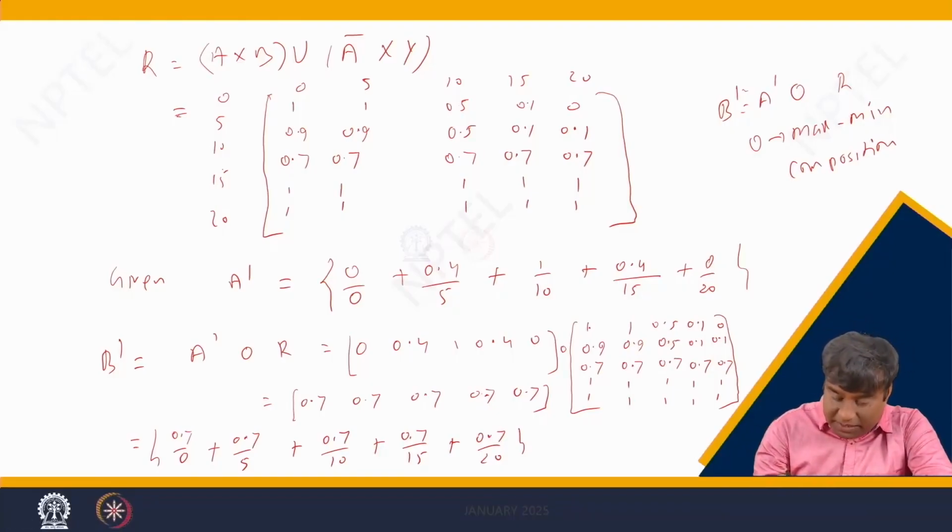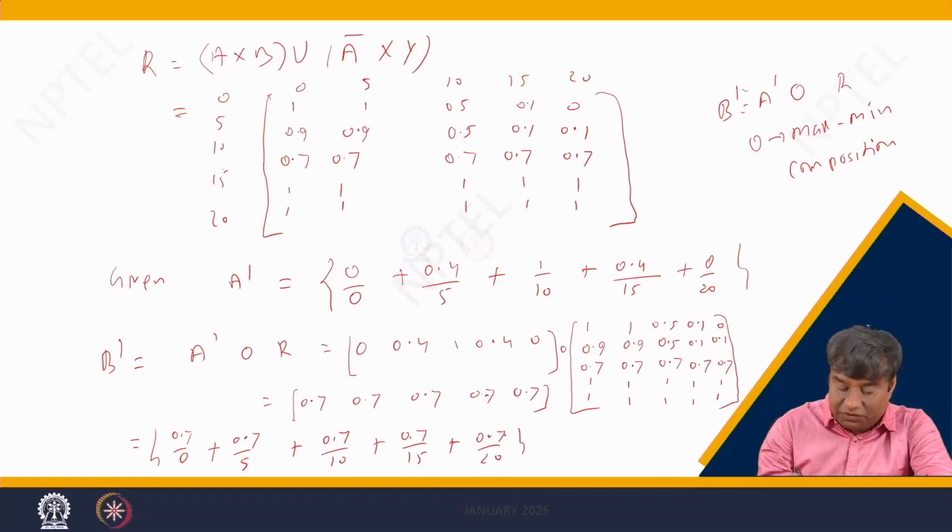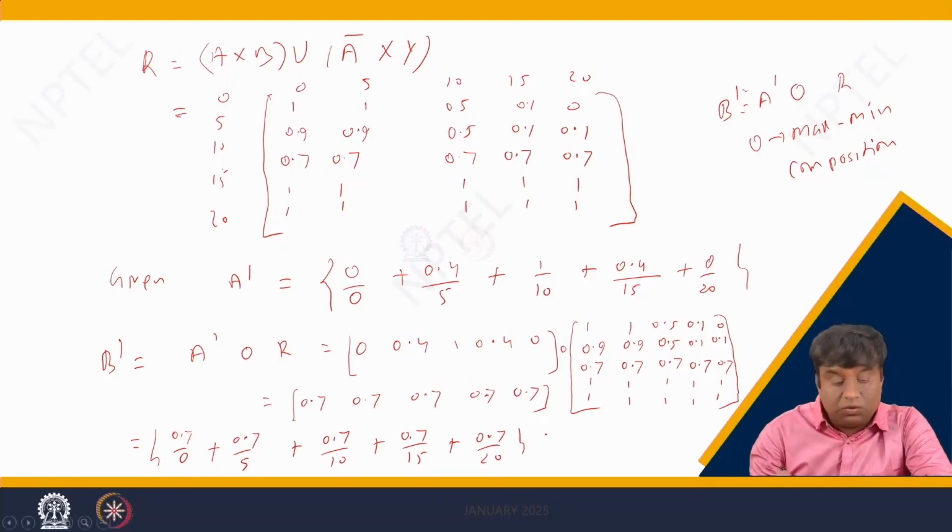So here the minimum values are 0, 0.4, 0.7, 0.4, 0, so the maximum is 0.7. Similarly, the second is also 0.7, the third, fourth and fifth are also 0.7. So the output is 0.7 by 0, 0.7 by 5, 0.7 by 10, 0.7 by 15, 0.7 by 20. So this is the relation. This is the example of modus ponens.